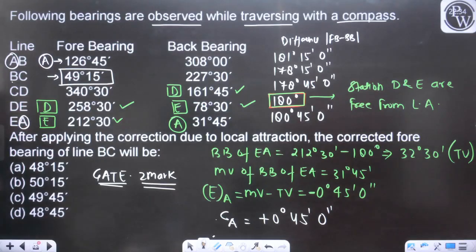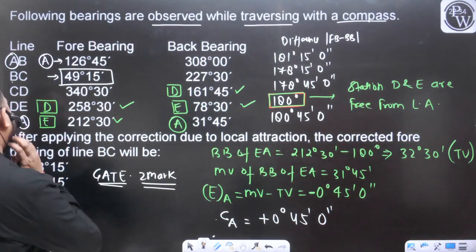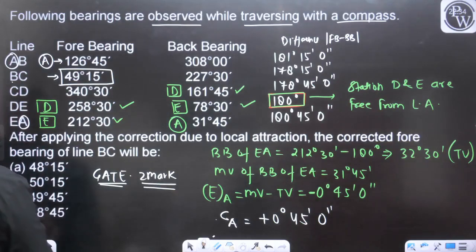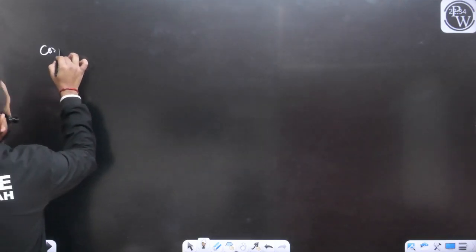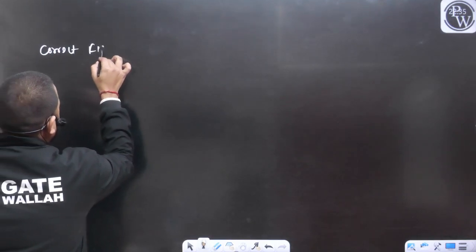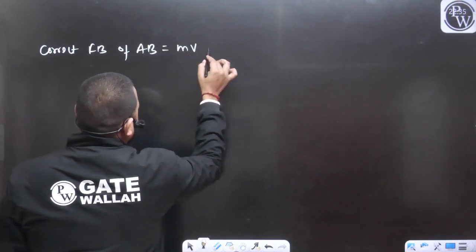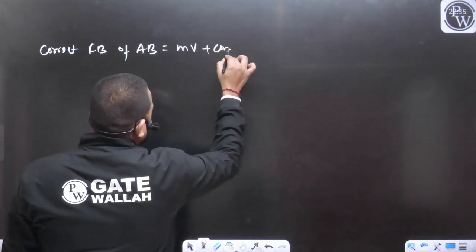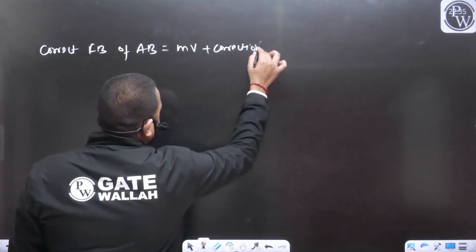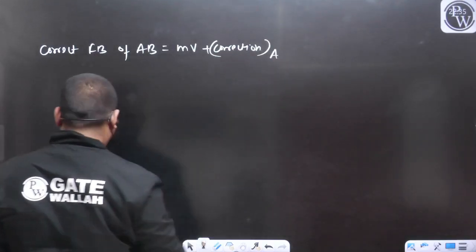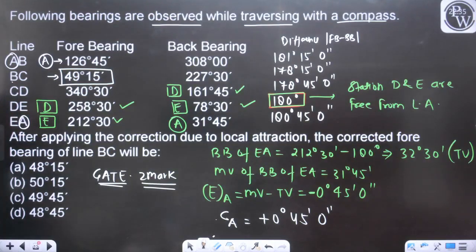So can I find the correct fore bearing of the line AB? The correct fore bearing of the line AB will be equal to the measured value plus correction at station A. Yes or no?